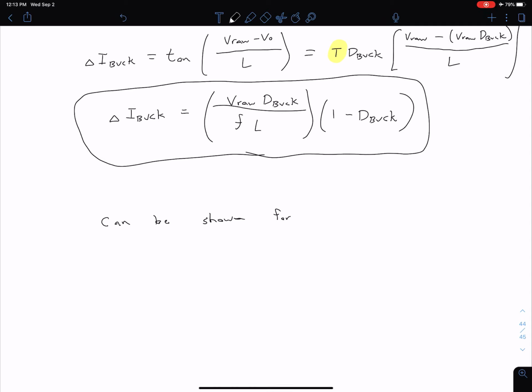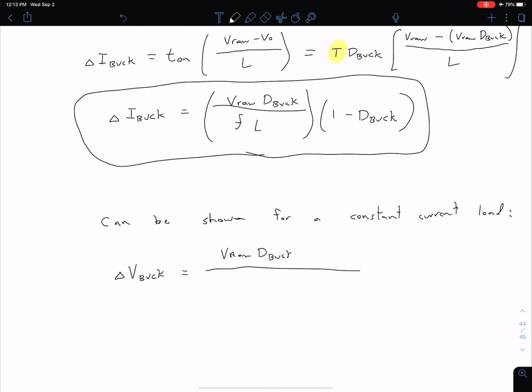So it can be shown for a constant current load, where our load is drawing a constant current, that our delta V buck is equal to V raw times d buck times 1 minus d buck, divided by 8 C f squared L.